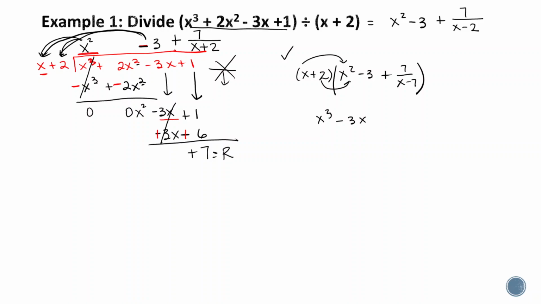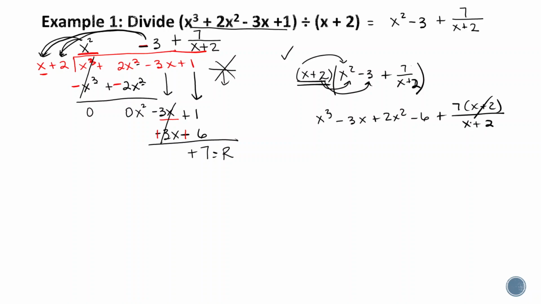I can multiply the 2 through, and that'll get me 2x squared minus 6. And then I'm going to take this whole thing and multiply it by this last piece. So that'll get me plus 7 times x plus 2 over, excuse me, it's x minus 2, isn't it? No, it's a plus.